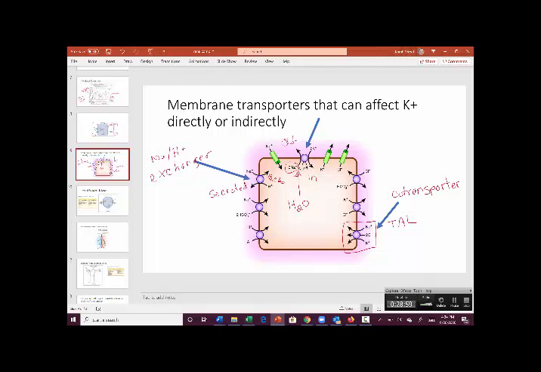Okay, so let's just keep those membrane transporters in our head as we focus on their roles that can affect potassium balance, either directly in the case of the sodium potassium ATPase, or indirectly, as you will see with the sodium hydrogen exchanger.